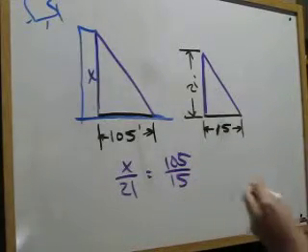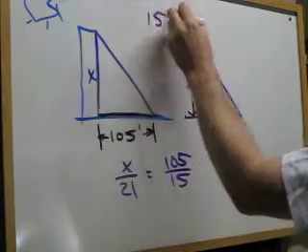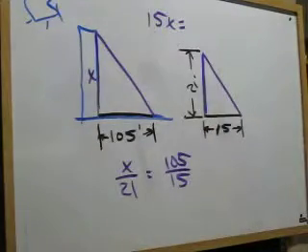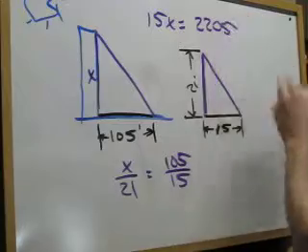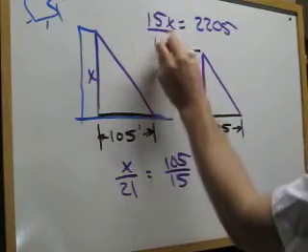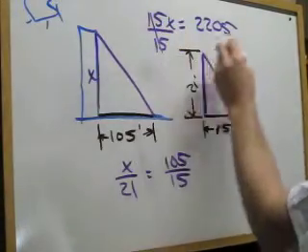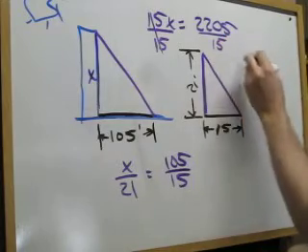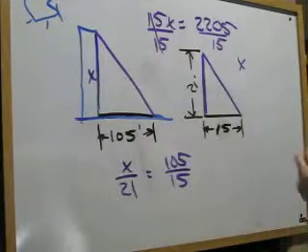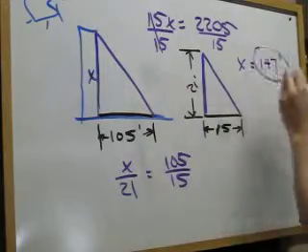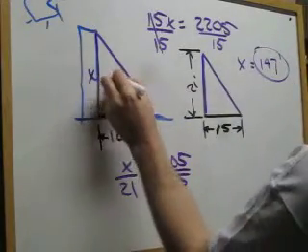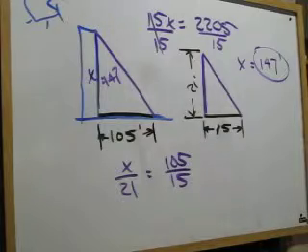And I can multiply this through and get 15x equals 21 times 105, which in this case is going to be 2205. Divide by my 15, and I find out then that x is 147 feet. That means my building is 147 feet high.